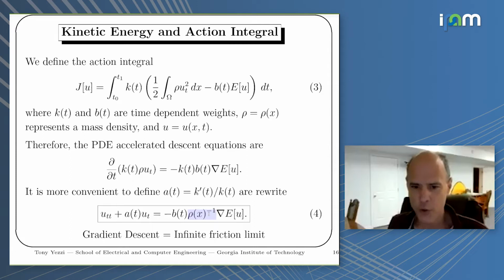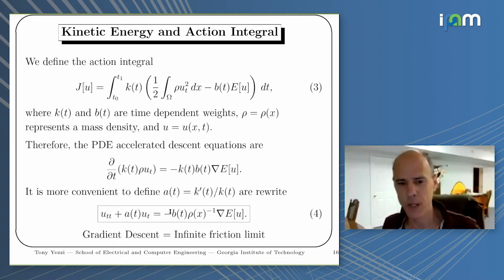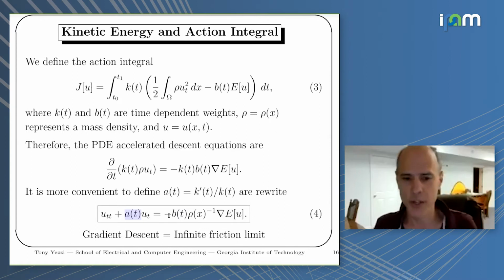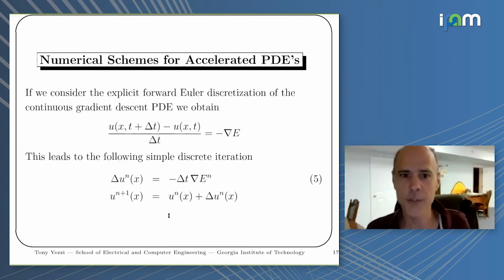In this case, we've shown it as space dependent, but it could also be time dependent if you like. Then here's the frictional term that arises, and then here's just another adjustable parameter that you use for the potential energy term. So as you let the friction go to infinity, you get gradient descent as your infinite friction limit. This was already pointed out in the 2016 paper.